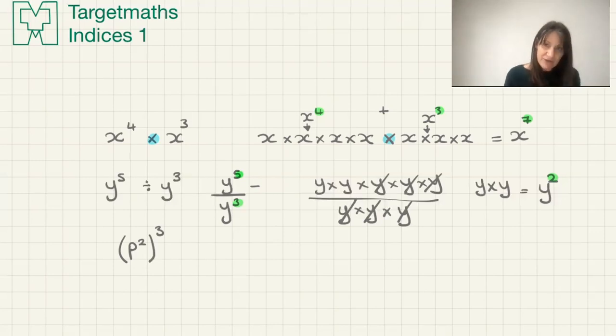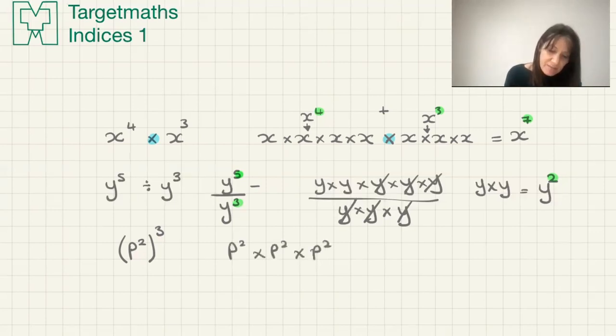If we think about this question, it's saying you have to multiply this number by itself 3 times. So if I do that, I've got p to the 2 times p to the 2 times p to the 2.